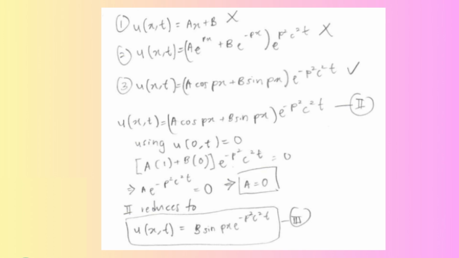So we take the equation given, u(x,t) equals a cos px plus b sin px, times e to the power of negative p squared c squared t. Using u(0,t) equals 0, we get a times 1 plus b times 0, multiplied by e to the power of negative p squared c squared t.